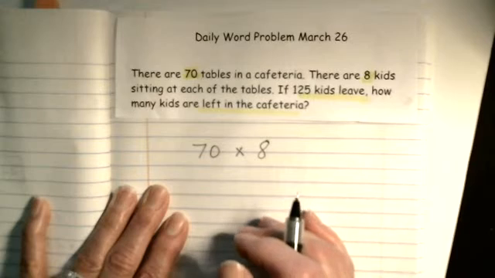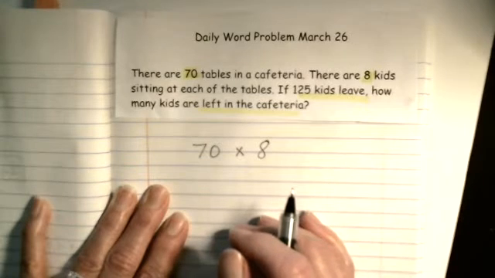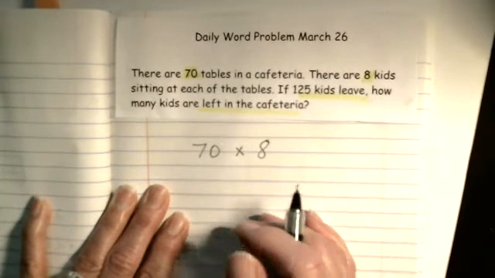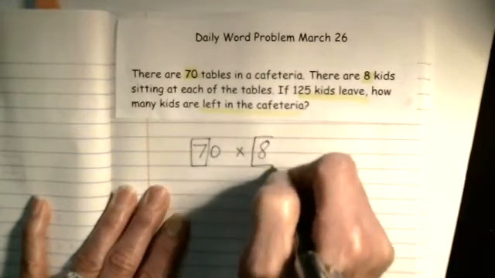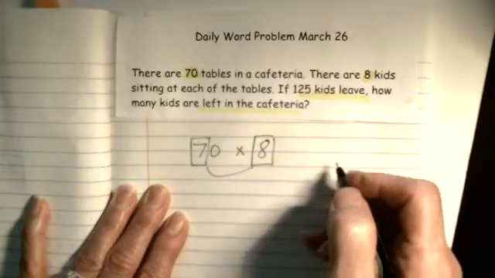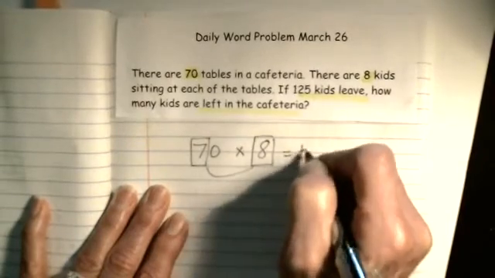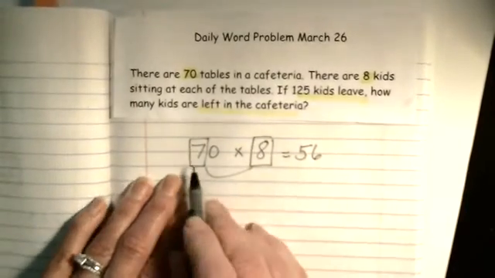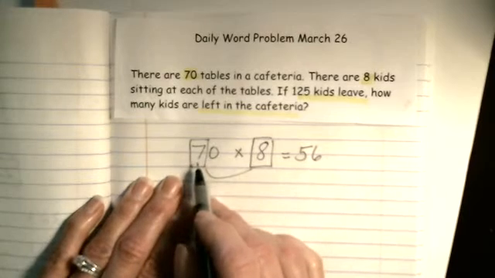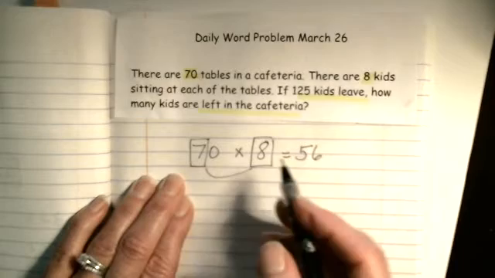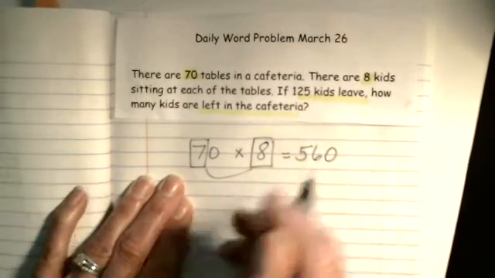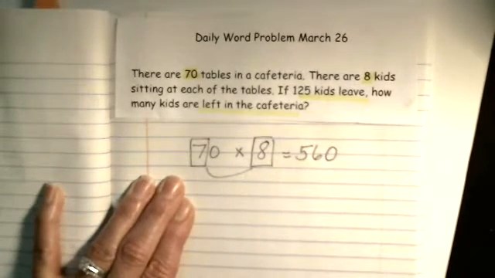Could I add 70 eight times? I could, but if I know that 7 times 8 is 56, and I realize that this is a multiple of 10, so when I multiply by a multiple of 10, I add a 0 to my product. 70 times 8 is 560.